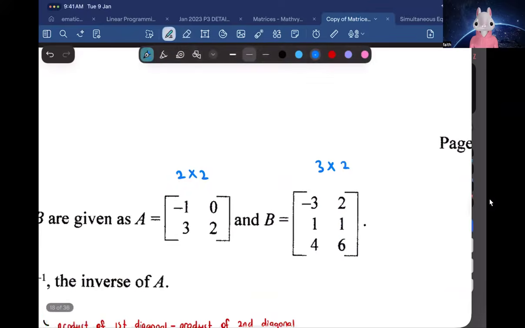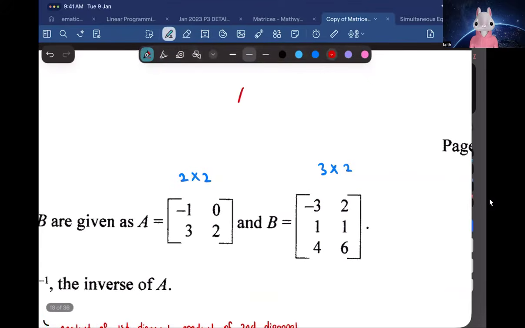So if I multiply A by B, that would be 2 by 2 by 3 by 2. Does that look compatible? No, because the inner, middle numbers are not the same.